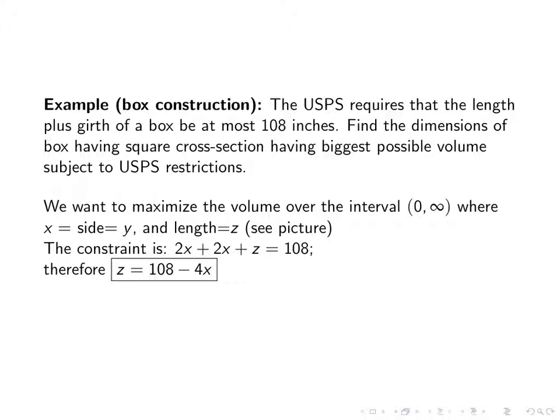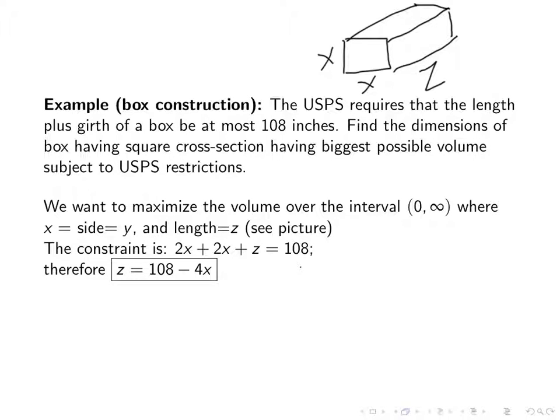So here's the picture again, and the constraint is that 2x plus 2x plus z, so that 2x plus 2x is the girth, and we set that to be as big as possible, that is 108 inches. Okay, and then you solve this and you get z as 108 minus 4x. That's just a true equation, or the constraint as given by the USPS.